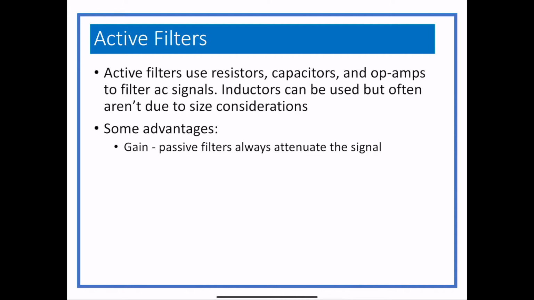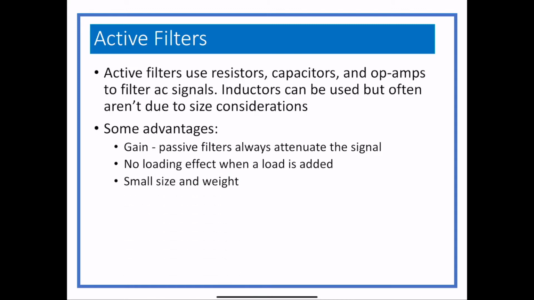The nice thing about an active filter is it actually can increase the signal as well as filtering. So it doesn't attenuate the signal automatically, which is good. When you add a load to it, it doesn't change the output. We've already seen that with inverting amps, non-inverting amps. So you can add something to the output and it doesn't change what it is.